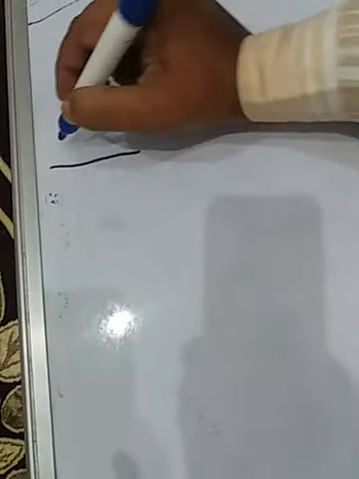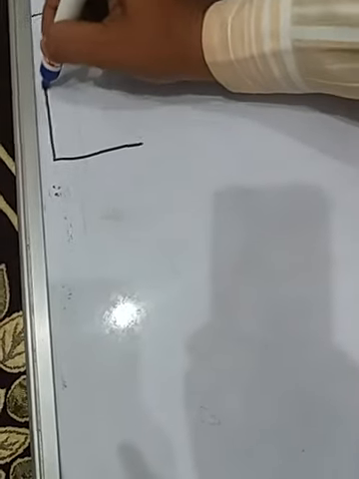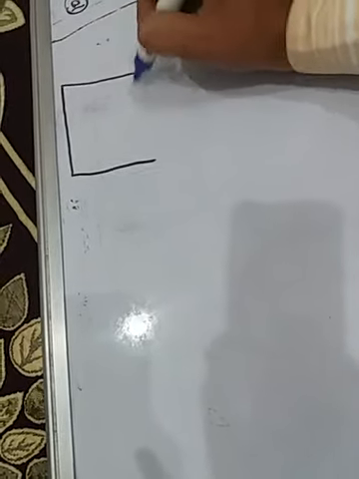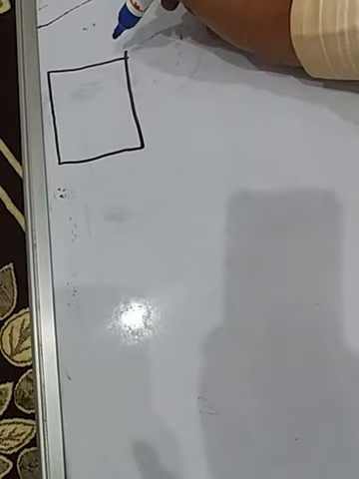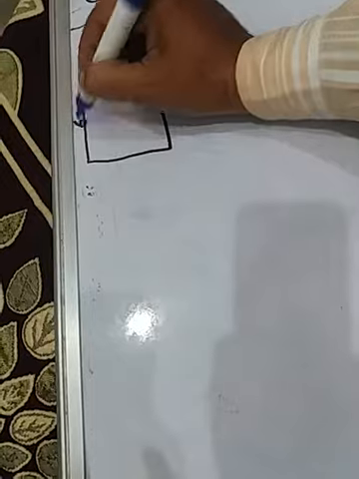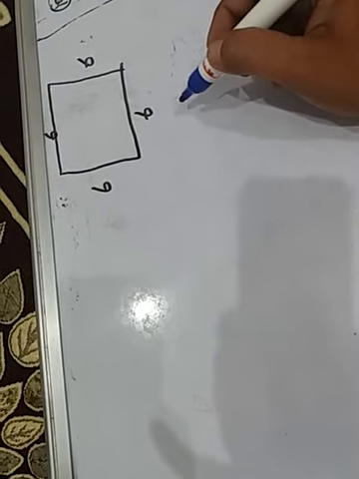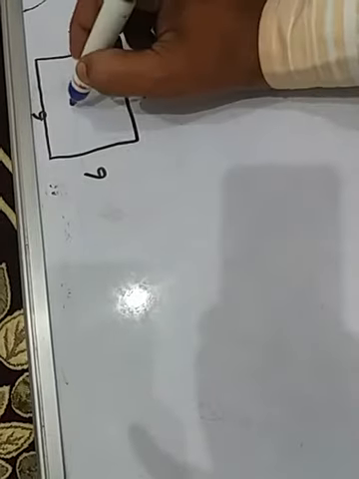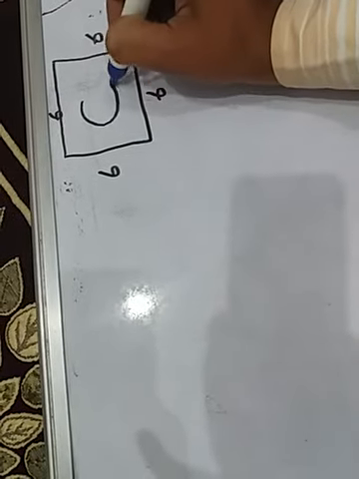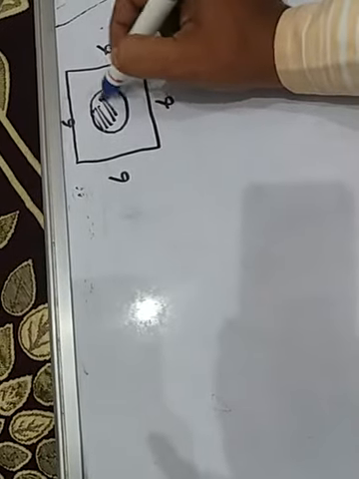There is a square piece of an aluminium sheet of side 6 cm. This is 6, this is also 6, this is also 6. Clear? And a circle of radius 2 cm is cut out from here.